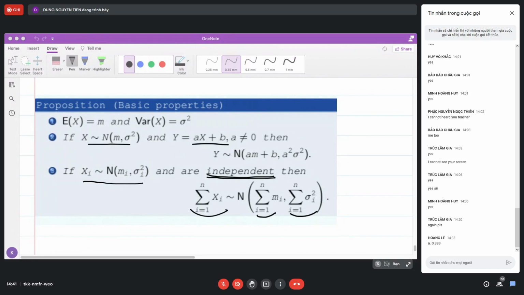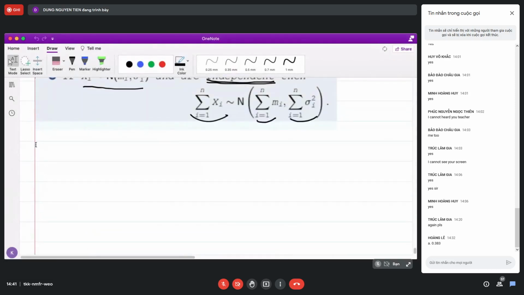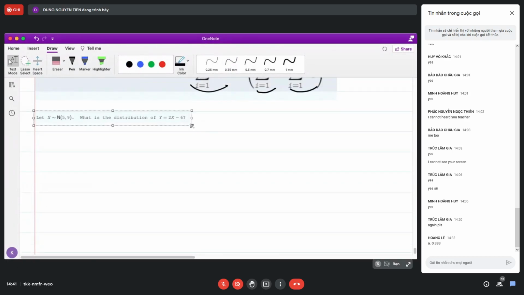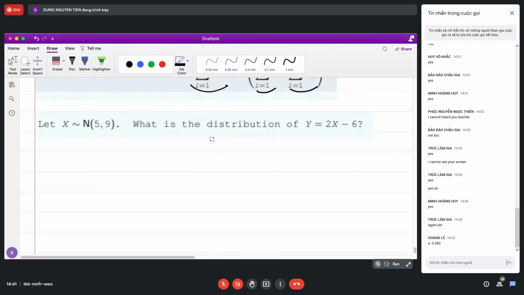Let's consider this example. Suppose that X follows a normal distribution with the mean 5, the variance 9.